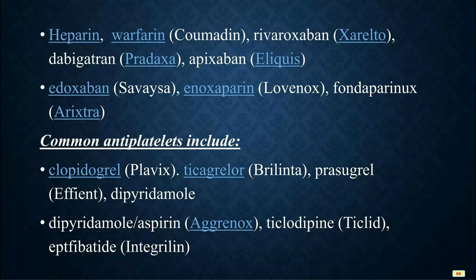Some of the anticoagulant agents are heparin and also coumadin or coumarin, which is also called warfarin, and also some of the drugs like rivaroxaban, dabigatran, or apixaban, all of which are anticoagulant in nature.